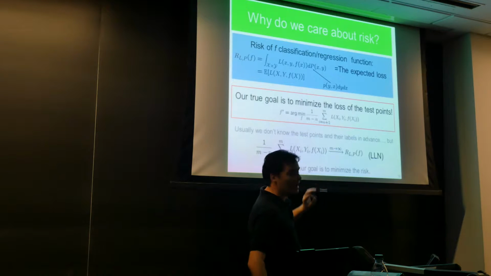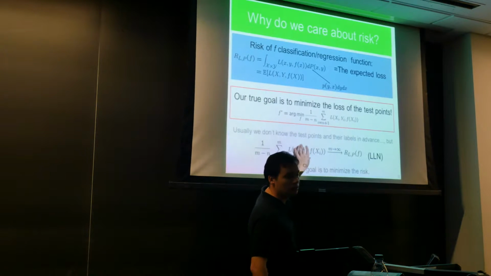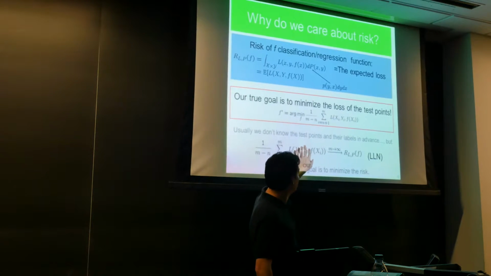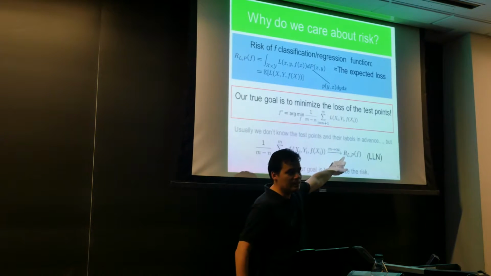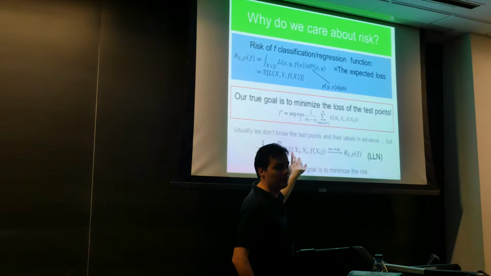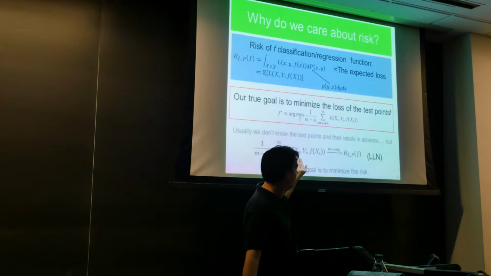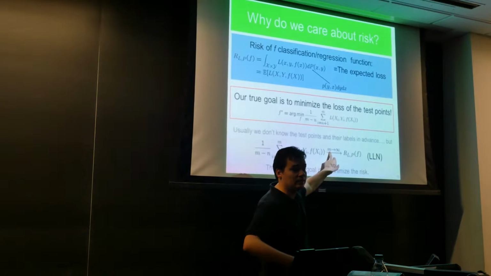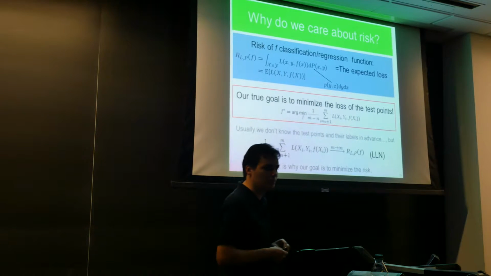But to keep our life simple, this is what I care about. And the expected risk will be close to this empirical loss if the test set is large enough.